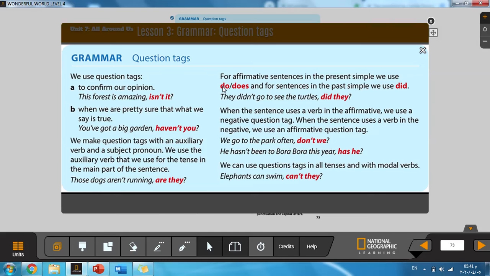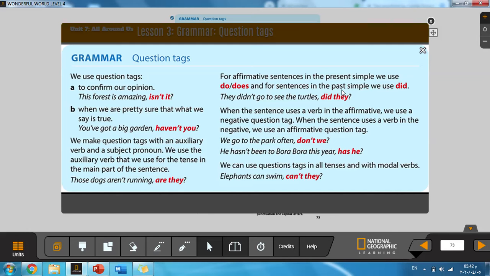And remember, we said that do comes with the plural pronouns they, we, you and I, and does comes with he, she, it for the singular. For sentences in the past simple we use did. When do we use this? When we don't have an auxiliary verb.